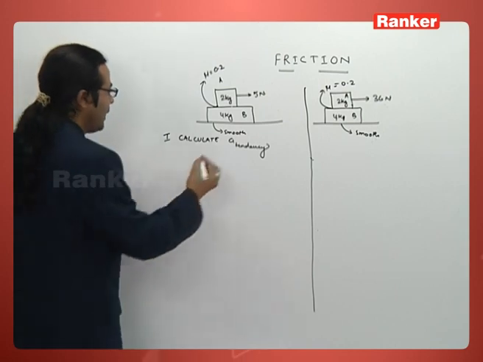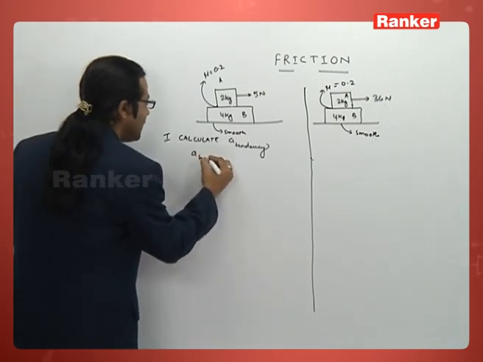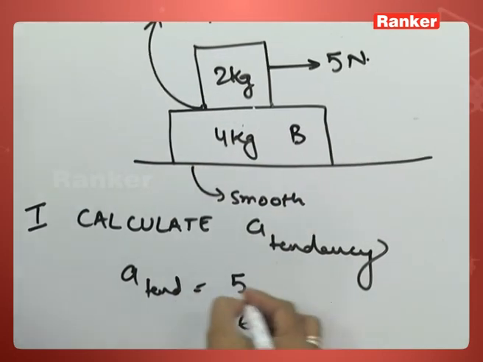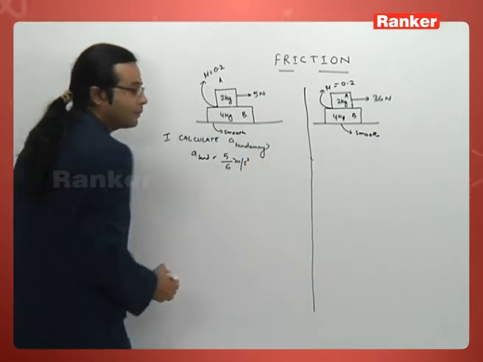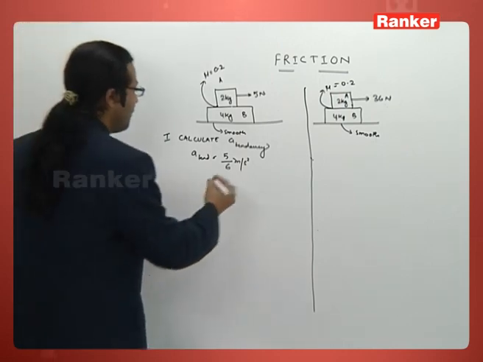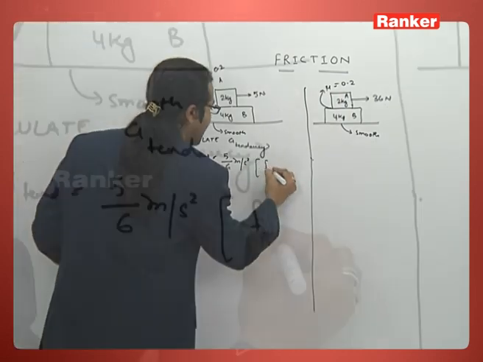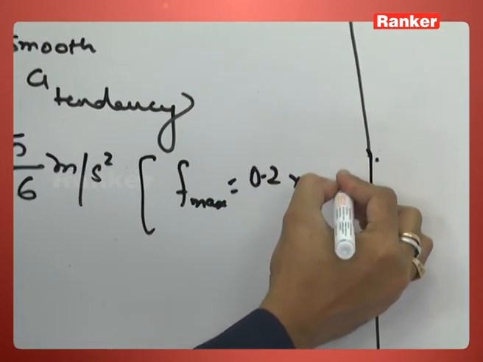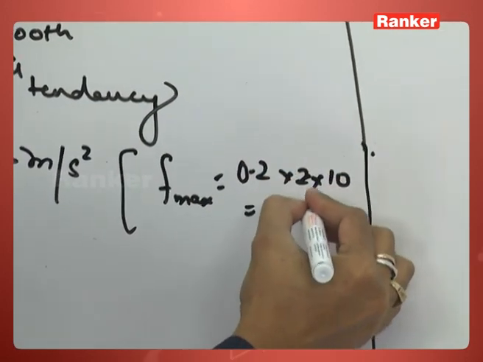So let us calculate A tendency. A tendency is 5 divided by 6 meter per second square. On the side I write F max, which is 0.2 into 2 into 10, that is nothing but 4.